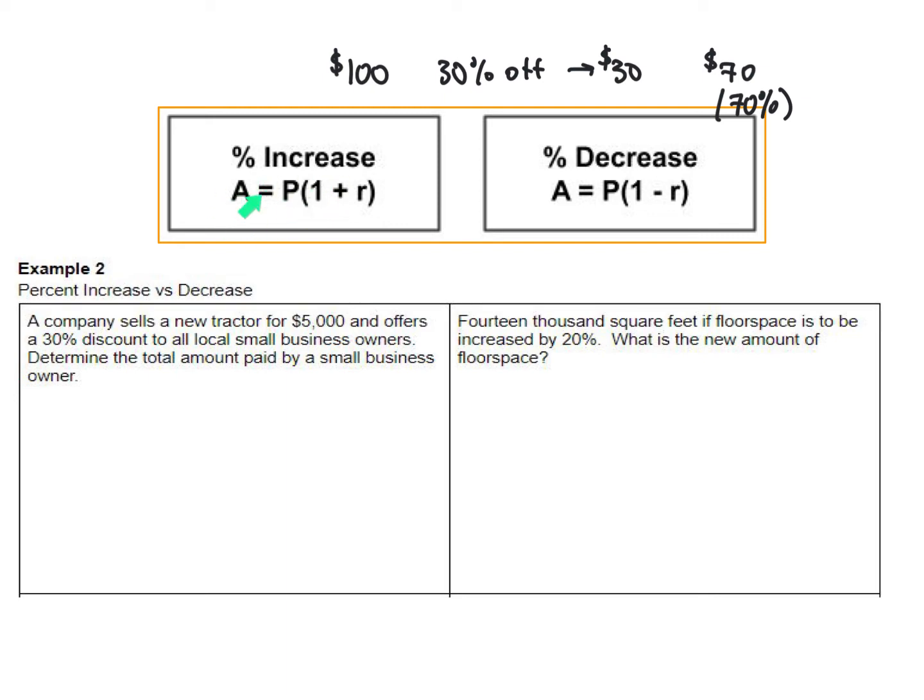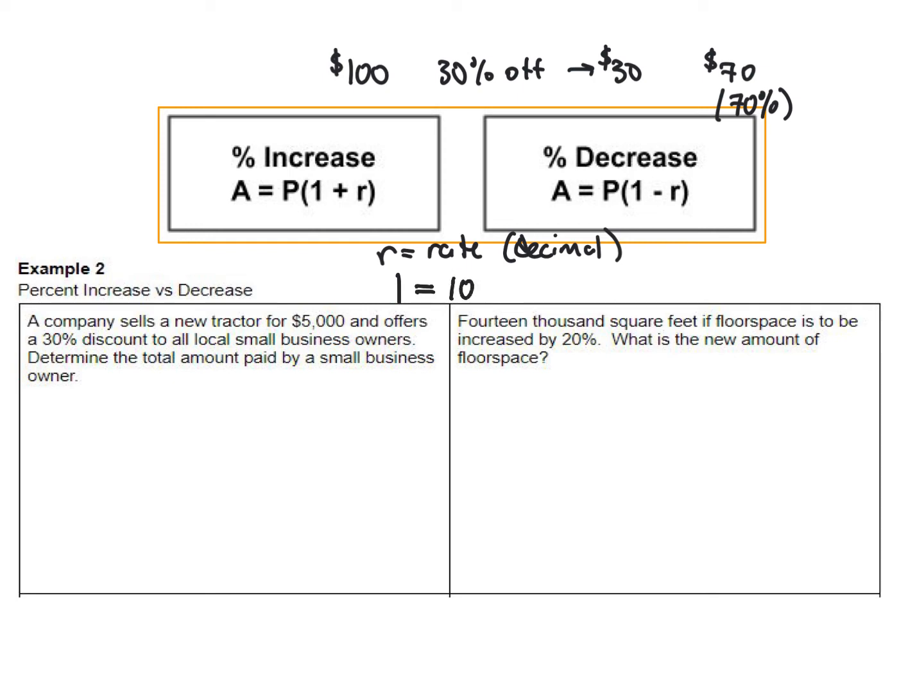Okay, the formulas are looking a little bit different, but you have your amount based on your principal, your starting value. And notice it says here 1 plus R. R is going to represent your rate, and it's going to be your rate as a decimal. So you notice here that I have 1 plus R for increase and 1 minus R for decrease. Where's the number 1 coming from? 1 is going to represent 100%.